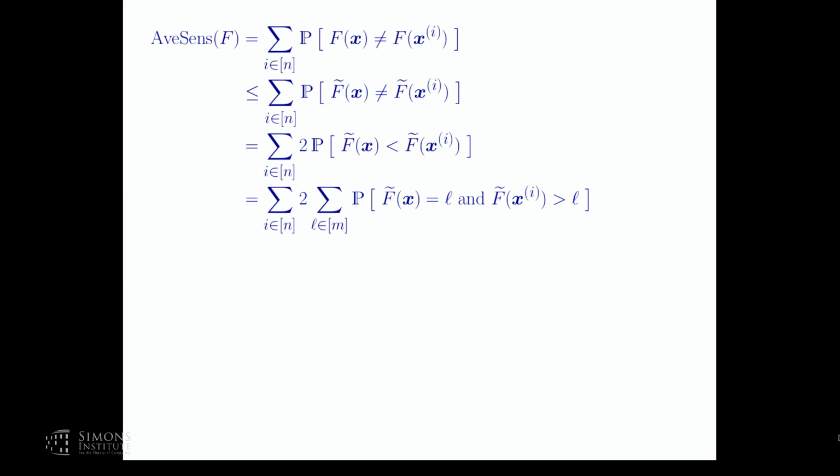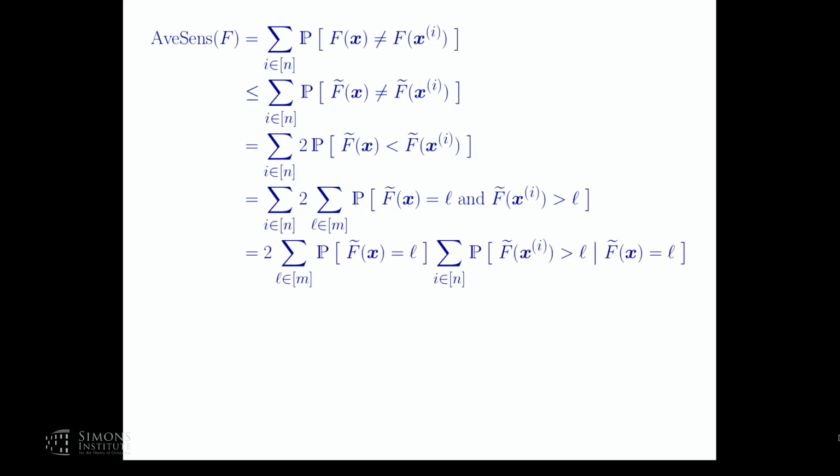We'll take the sum over all clause indices L of the probability that the first witness for x is the Lth clause, and the first witness for x flip i is bigger than L. Now all I'm doing is exchanging these two summations, and breaking up this probability into the probability that f tilde of x equals L, and then the probability that f tilde of x flip i is bigger than L, conditioned on f tilde of x equals L. Now we can note that this conditional probability is going to be 0 unless the Lth clause contains xi or not xi.